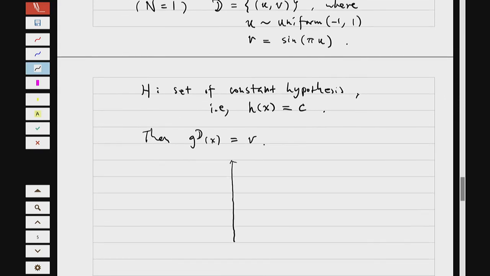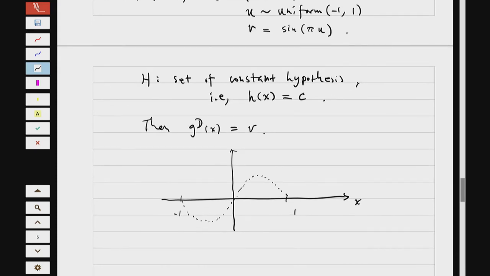So pictorially, suppose I have this x between -1 and 1, right? And I have a sine function here, like that, right? And you're given one data point. Let's say the data point is right here. Suppose this is U that you're given. And the corresponding V, of course, the label is also given.